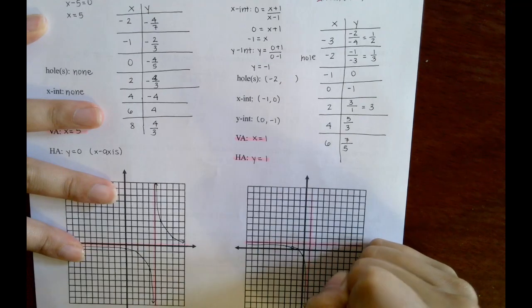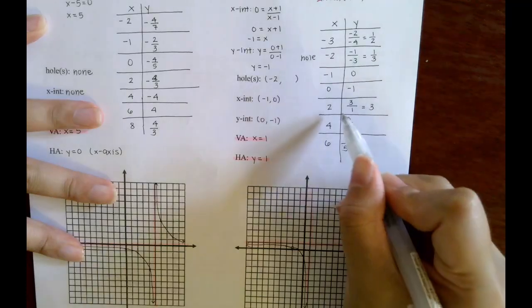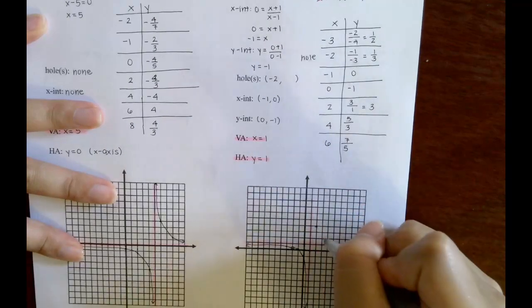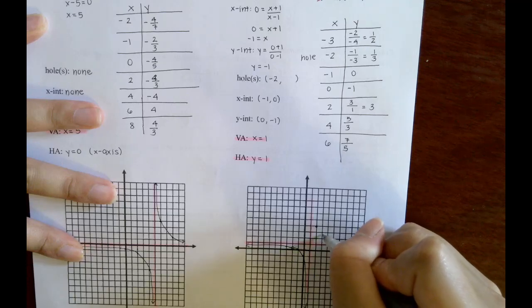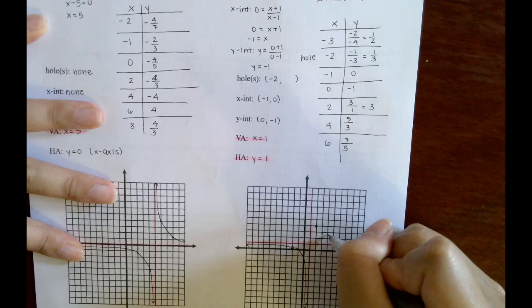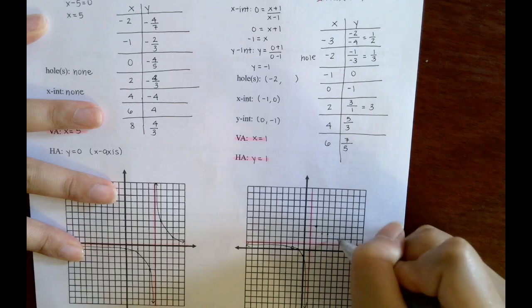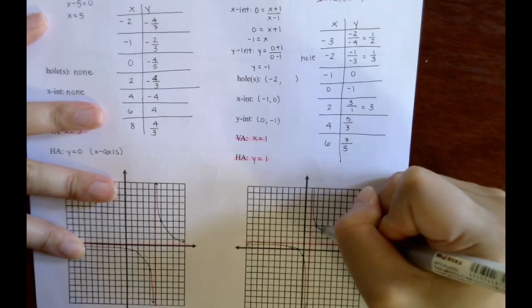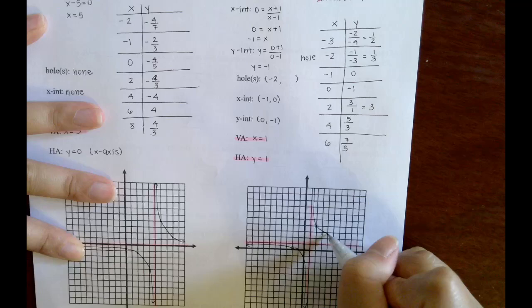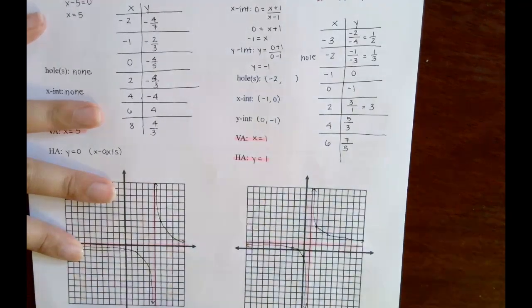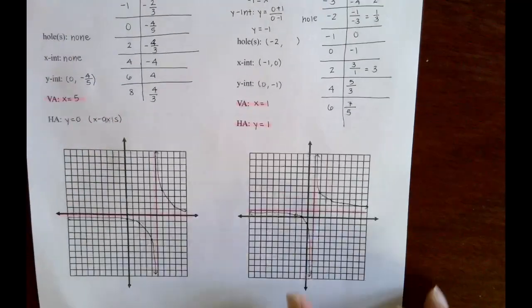Then the other one: 2, 3, that's here. 4, 5/3 is about here. 6, 7/5 is about here. And so now I can connect them. And there you go.